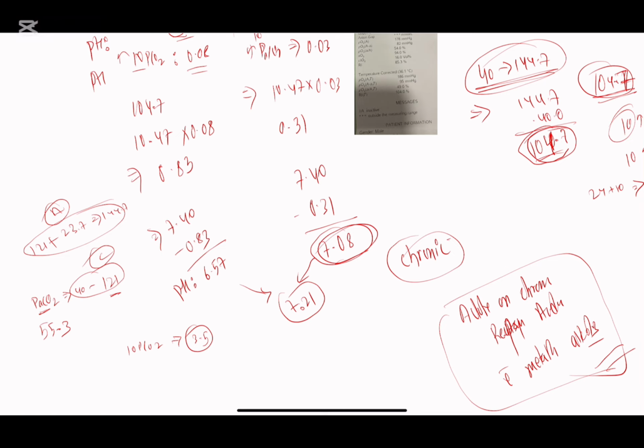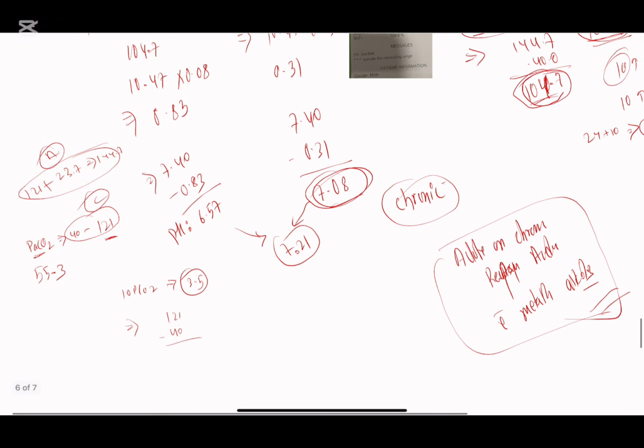So the change from 121 to 40 is 81, that is 8.1 tens, which gives 28.35.